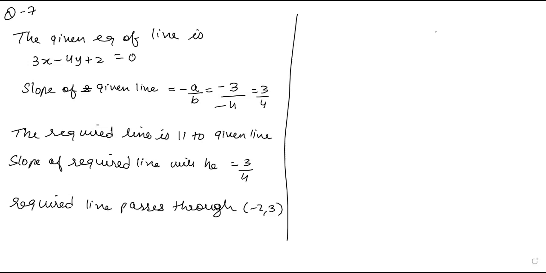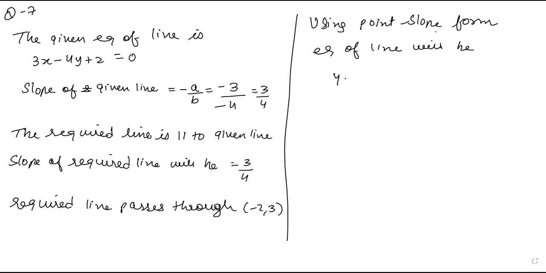So using point slope form, equation of line will be y minus y1 is equal to slope into x minus x1. Therefore y minus y1 is 3, whereas the slope of line is 3 by 4.